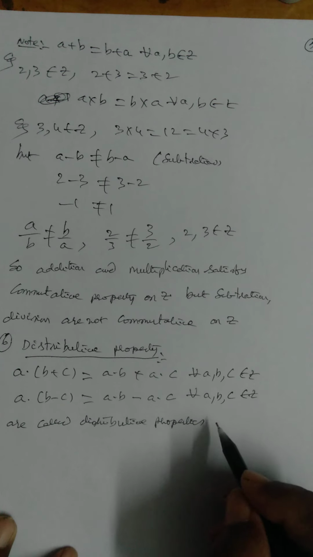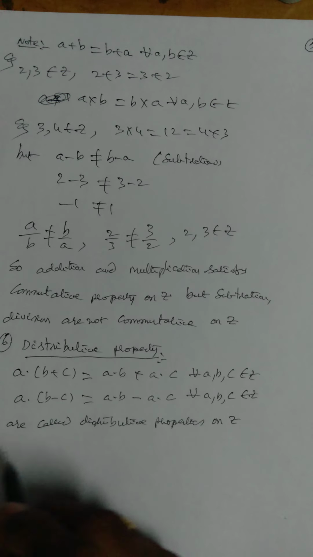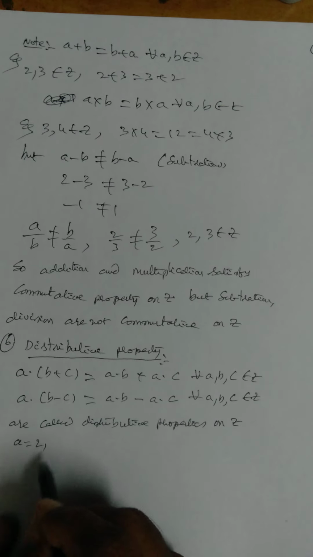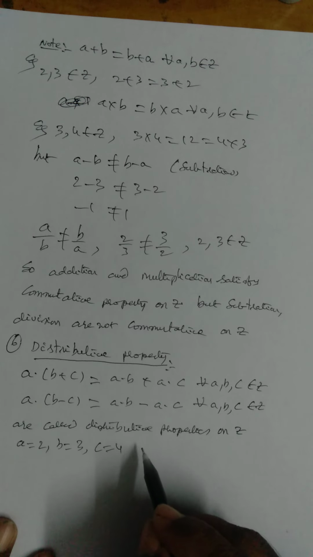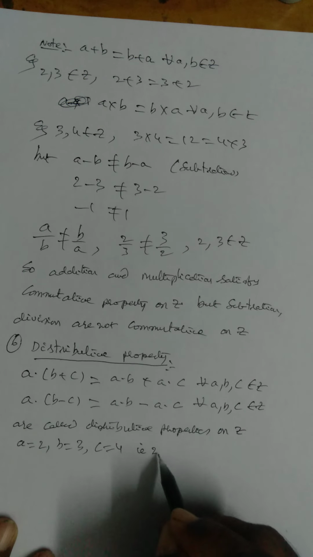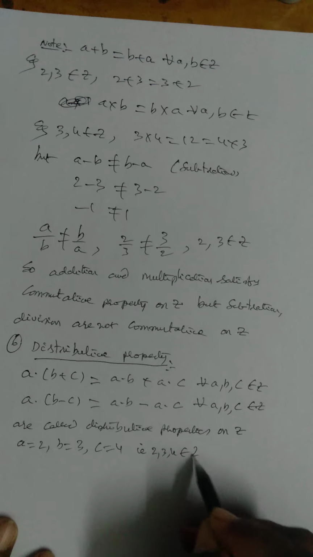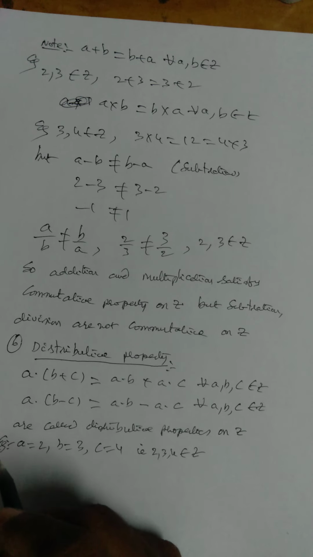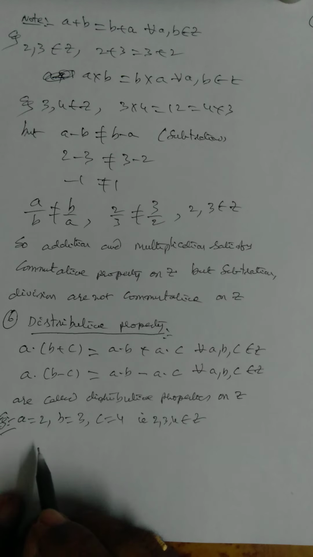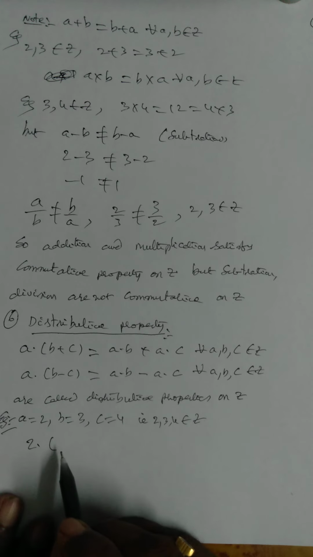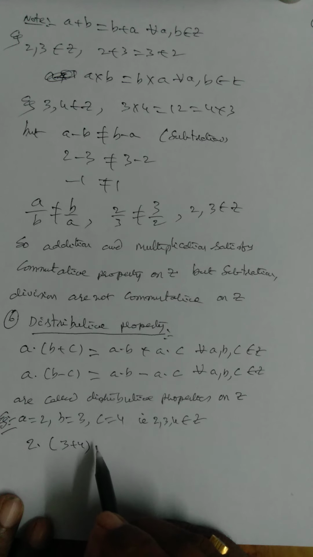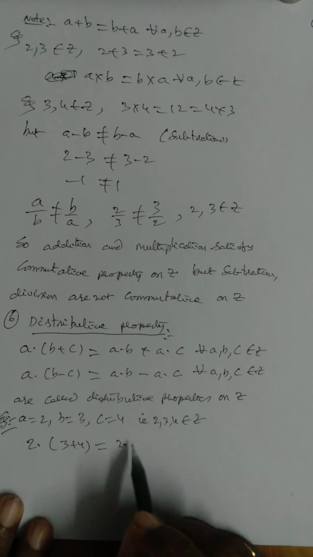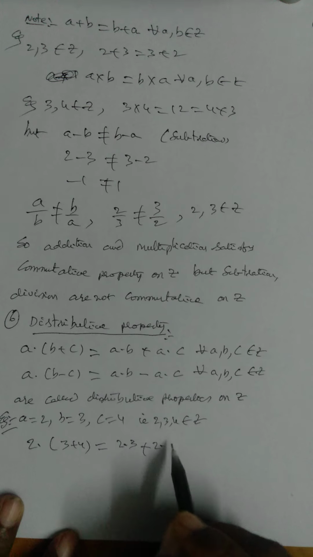Distributive properties on Z. A is equal to 2, B is equal to 3, C is equal to 4. That is 2, 3, 4 belongs to Z, integers. This is the example. 2 into B plus C, 3 plus 4 is nothing but 2 into 3 plus 2 into 4.